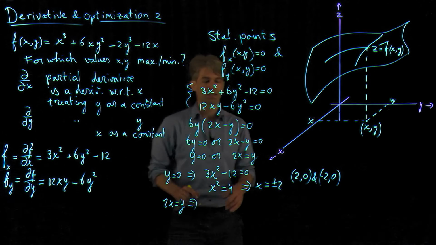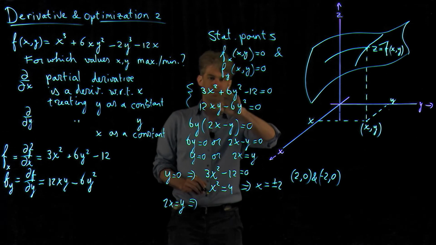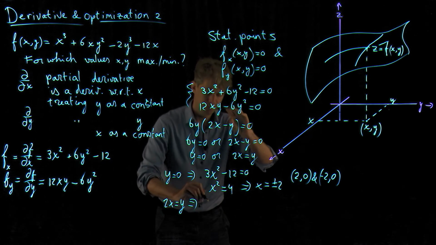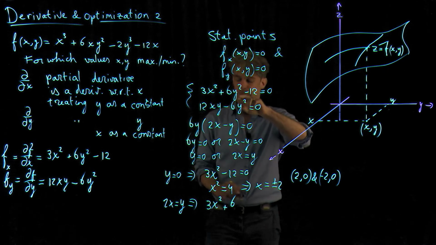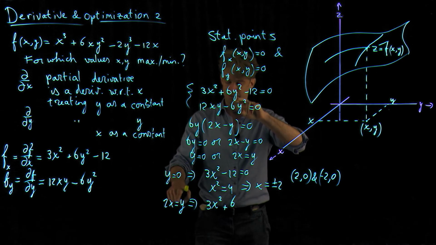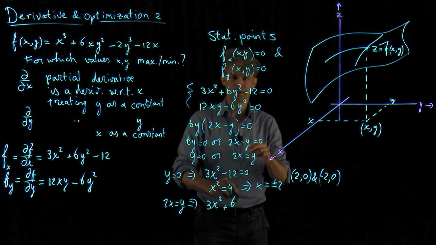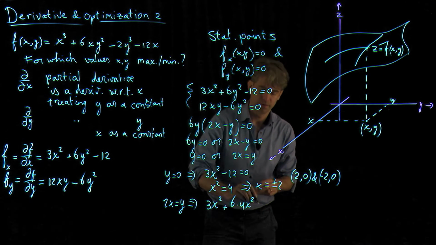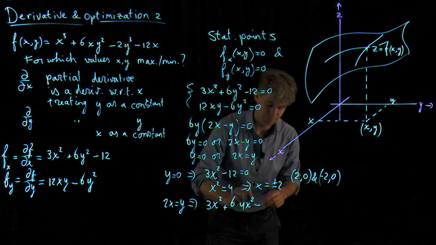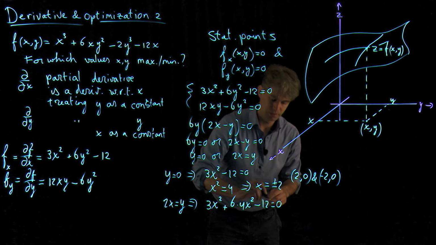In that case, filling it in here in the first equation, I get 3x squared plus 6 times y squared. Well, y squared is 4x squared, so it's 24x squared. So 27x squared minus 12 equals 0.